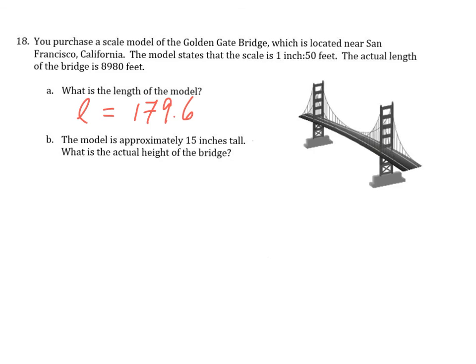So for the next problem, it's going to be a similar setup. So I'm still using the same ratio, the model to real life, which is 1 inch to 50 feet. Now for this problem, they tell me the height of the model. So they're telling me the model is 15 inches tall.